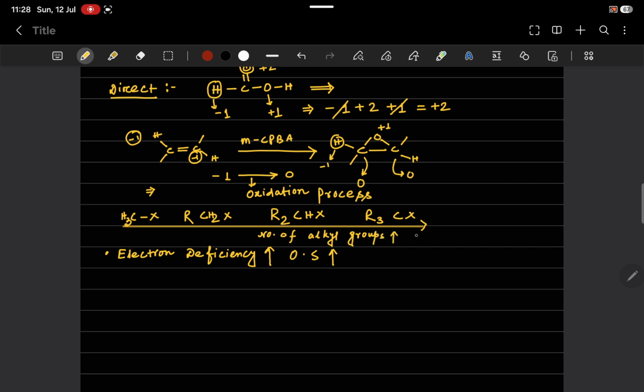That means the electron deficiency is getting decreased. As soon as it is getting decreased, the oxidation state is also getting decreased.